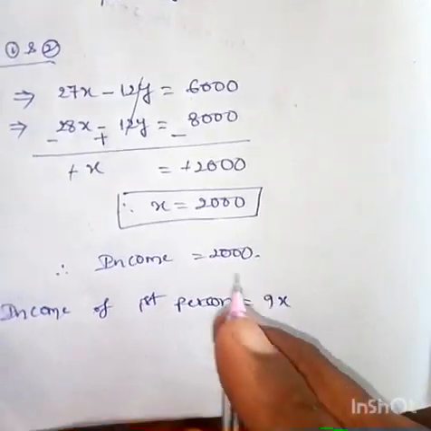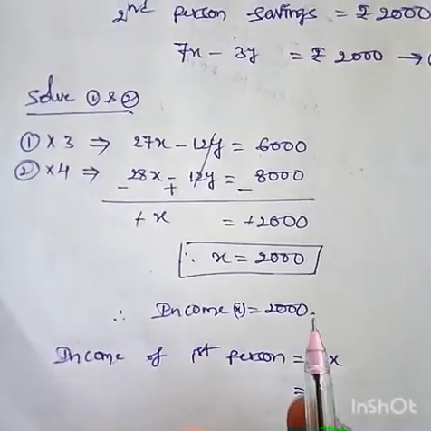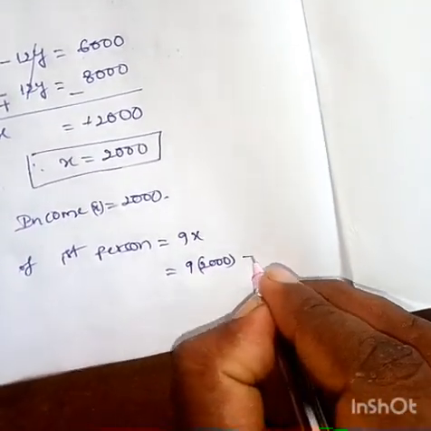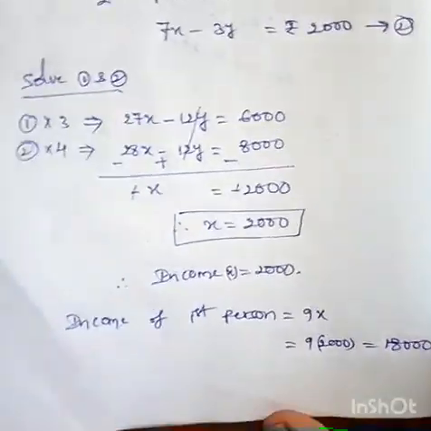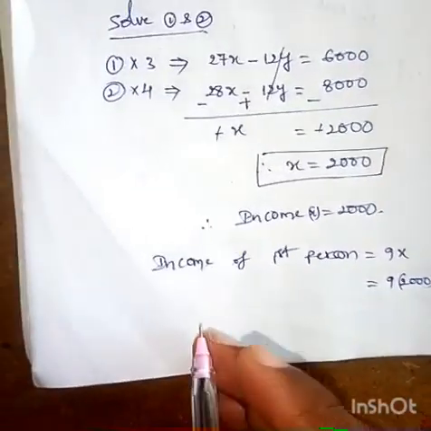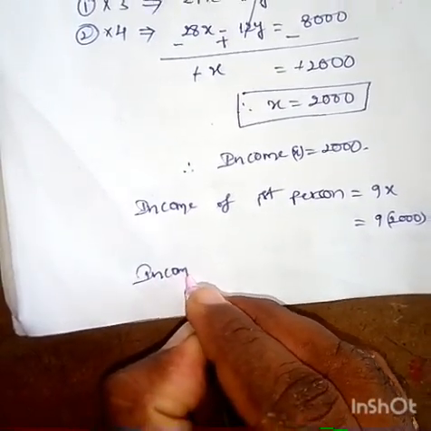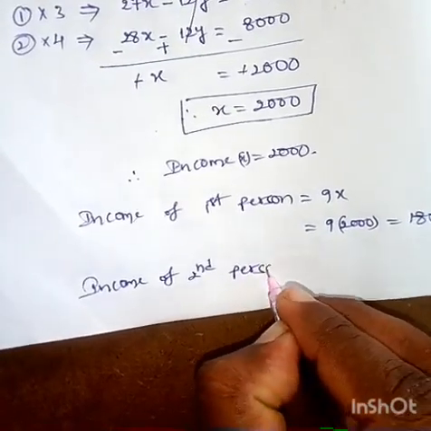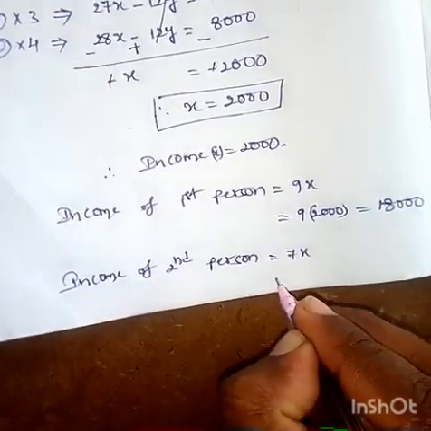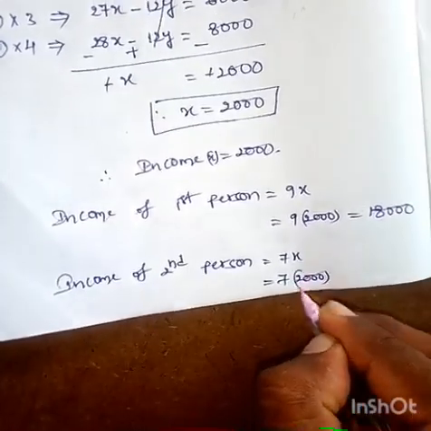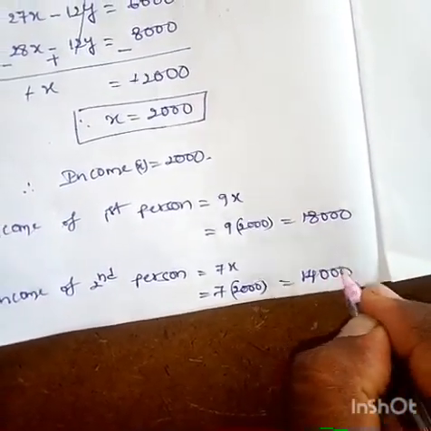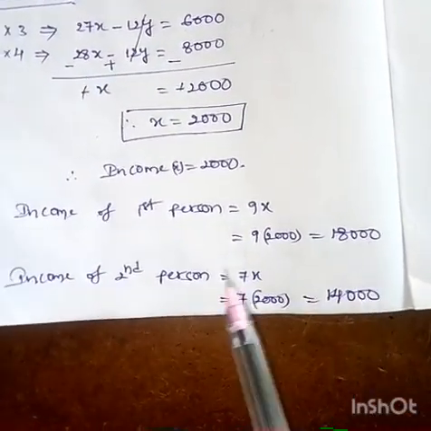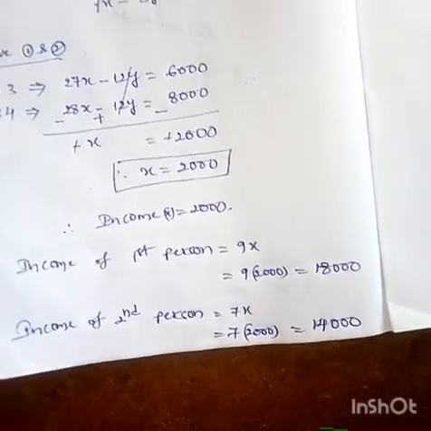So substitute x equal to 2000 here. 9 into 2000 equal to 18,000. Similarly, income of second person equal to 7x, that is 7 into 2000, equal to 14,000. So these are the incomes of persons. Income of first person equal to 18,000 and income of second person equal to 14,000.